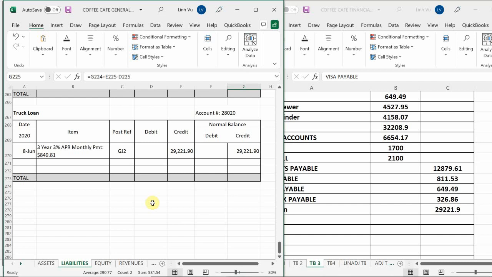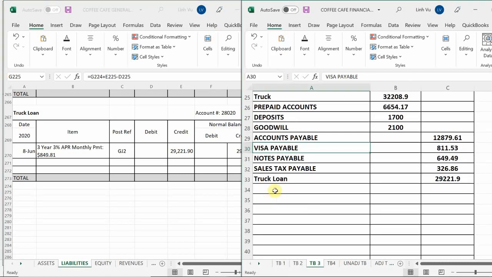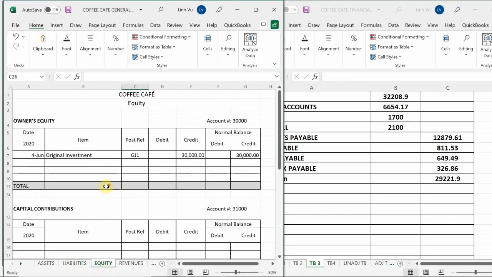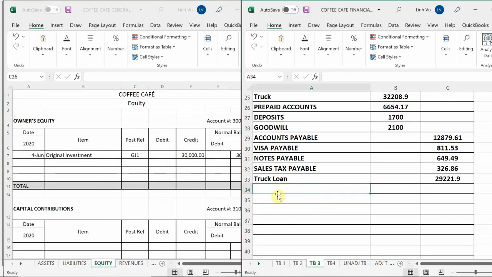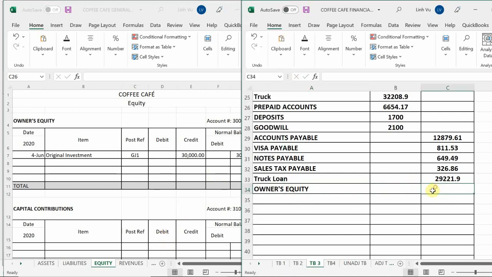Okay. So now we need to continue on with our equity. We have owner's equity. How much is owner's equity? 30,000.